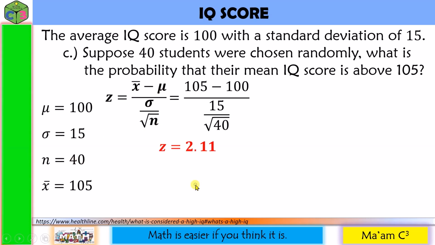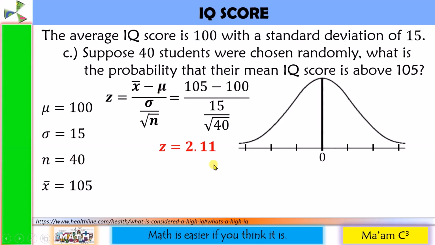This will give us 2.11. Let us sketch our normal curve. Let us locate 2.11. This is positive 1, positive 2, then somewhere here is positive 2.11. Let us analyze above 105. So it means above 2.11. If it is above, going to the right.